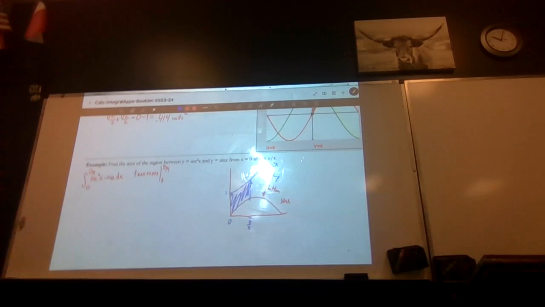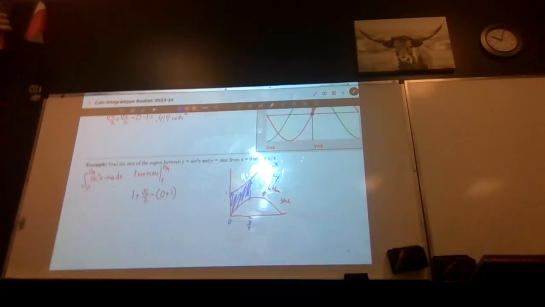So then, we are going to get, well, the tangent of pi over 4 is 1, and the cosine of pi over 4 is root 2 over 2. Then we're going to do minus the tangent of 0. What is the tangent of 0 equal to? 0, plus the cosine of 0, which is equal to 1.